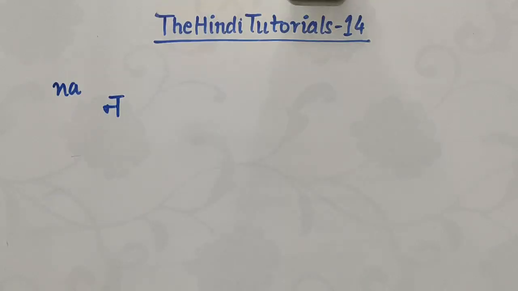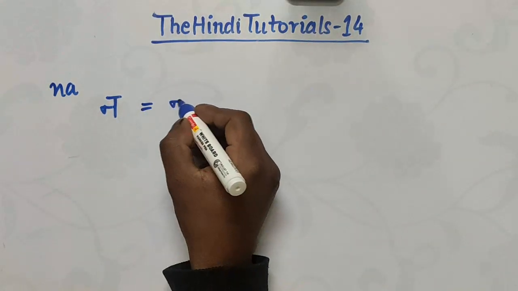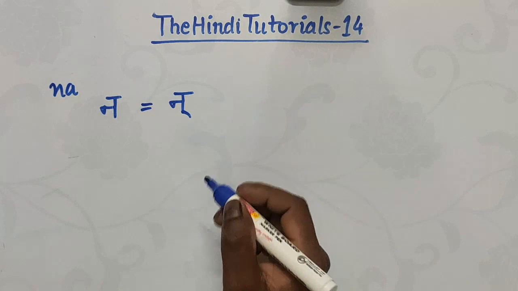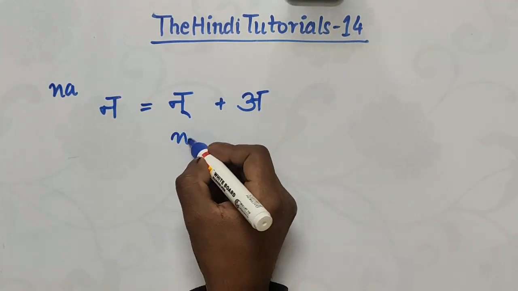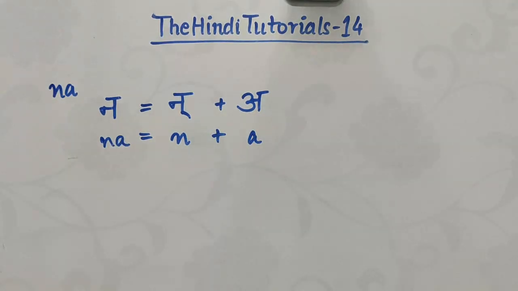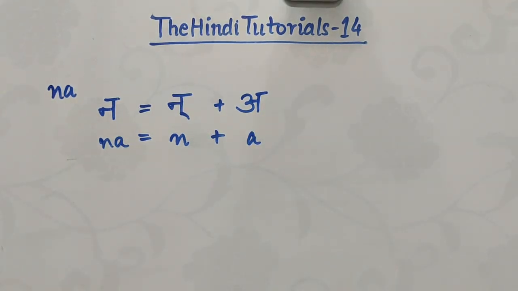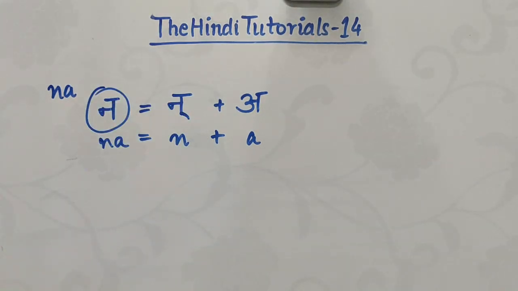This is Na. It has two hidden parts, the consonant part and the vowel part. This means when I write this form, it is pronounced Na.